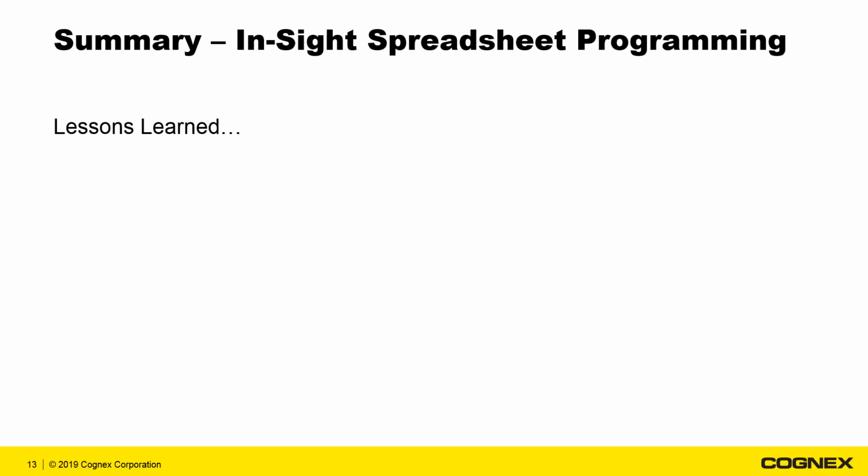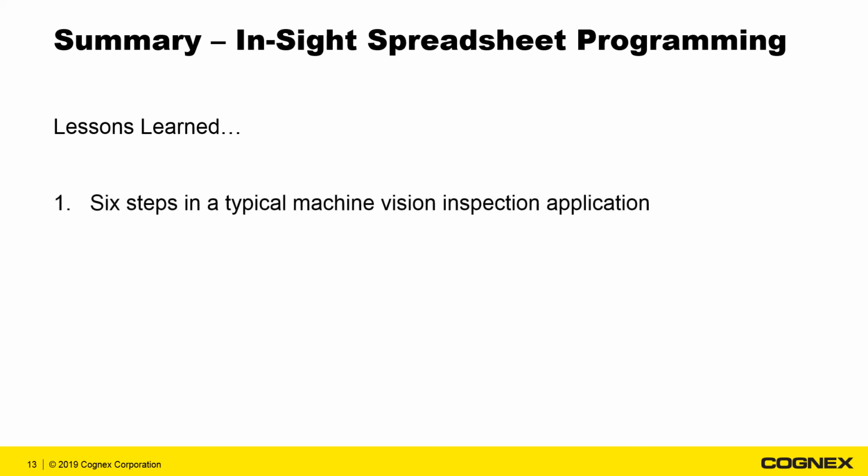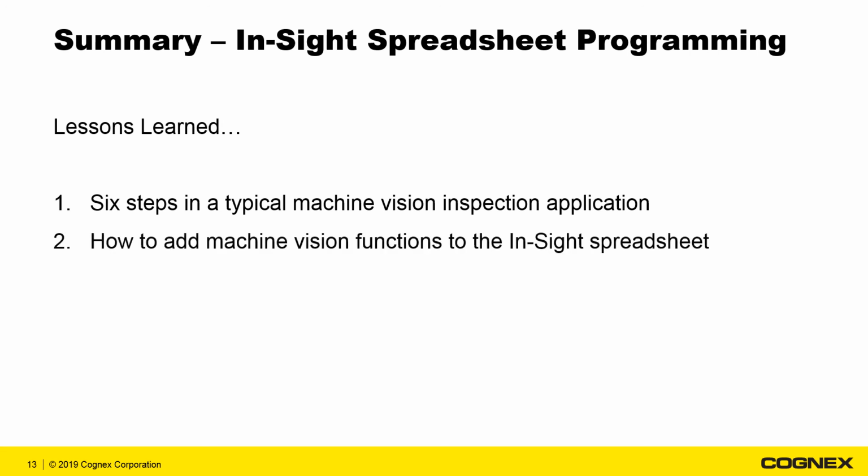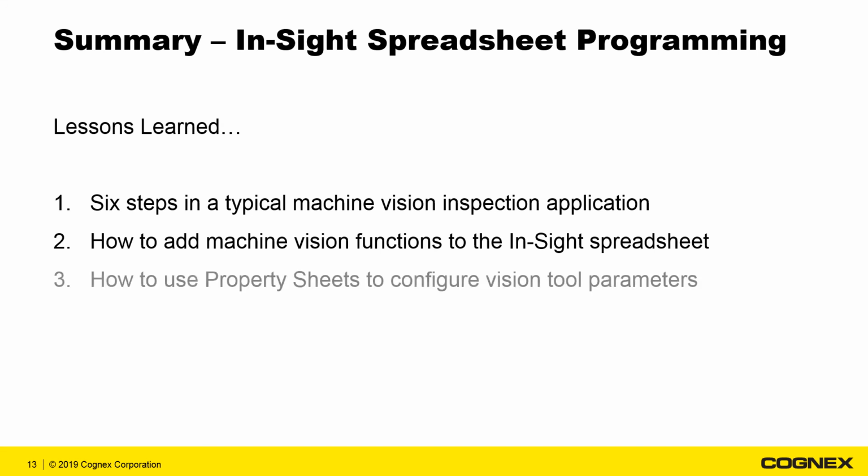Congratulations! You now know how to build a simple but complete machine vision application using the Insight spreadsheet programming environment. Let's recap what we learned in part 2 of our lecture series. First, we learned the 6 common steps needed to build a vision application. Second, we learned how to add vision functions found in the toolbox into our Insight spreadsheet.